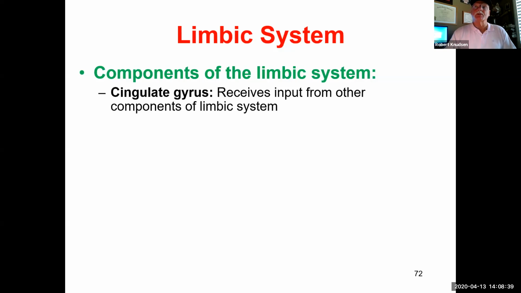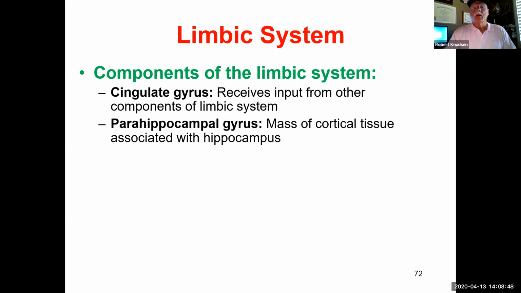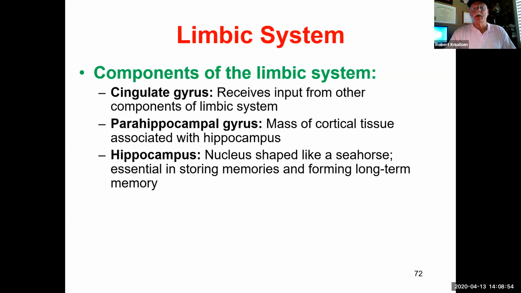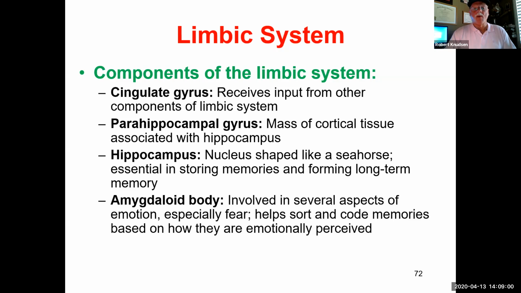Anyway. Components of the limbic system. Remember I said there were some nuclei I wanted you to do it with. This is the second time you've seen cingulate. Okay. Cingulate nuclei. Hippocampal gyrus. Hippocampus. Okay. Long-term memory comes out of the hippocampus. Amygdaloid. Okay. Fear, emotion.